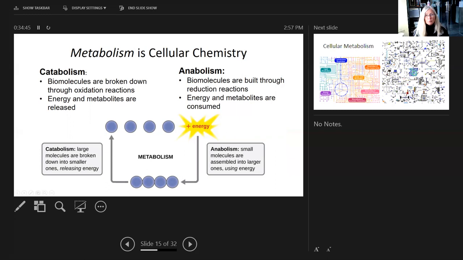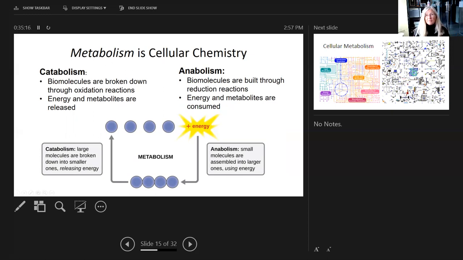And as they are being broken down, so here's our organic compound, our biomolecule, the large biomolecules are being broken down into the metabolites. There they are. And that releases energy. So energy is being liberated, going from a large thing with lots of bonds into smaller biomolecules. And as those bonds are broken, that energy is being transferred to ATP.